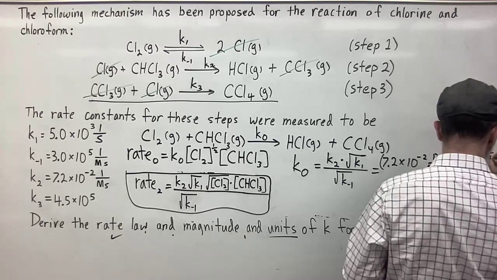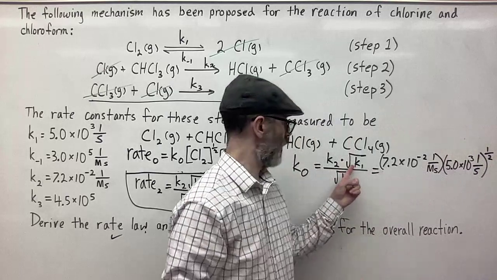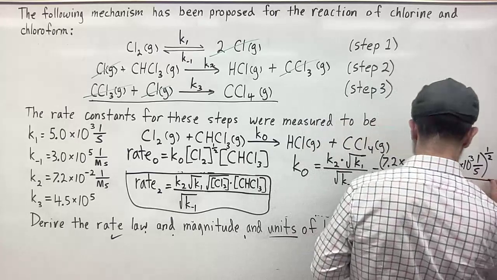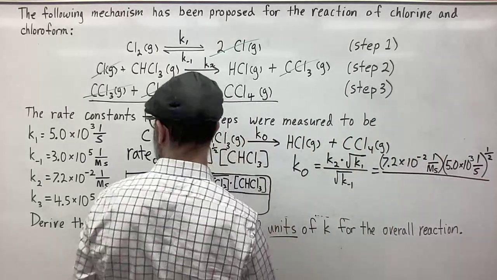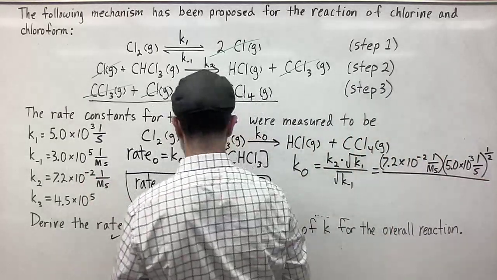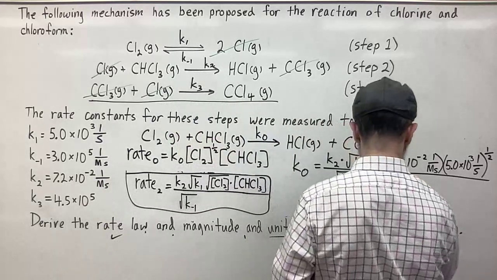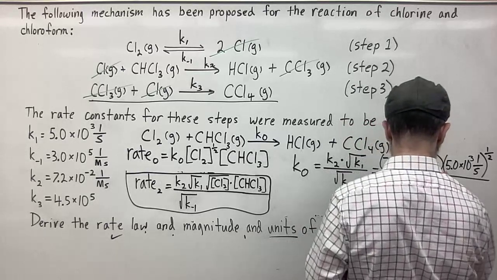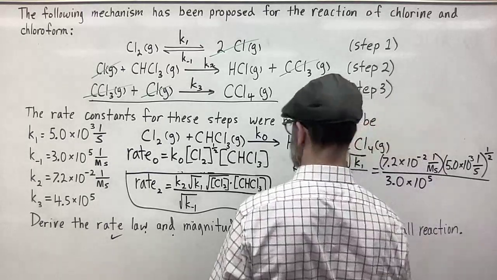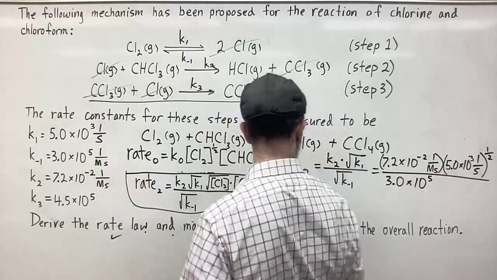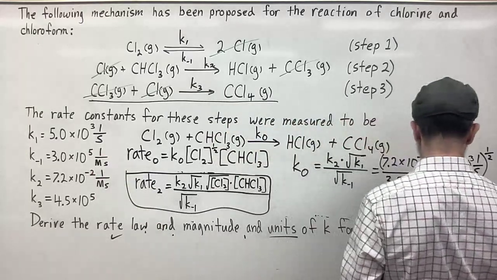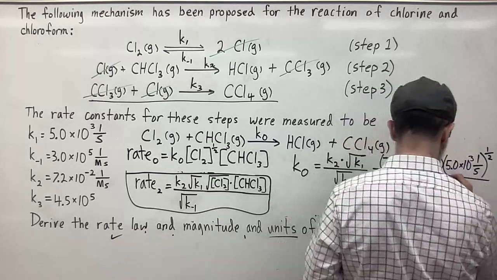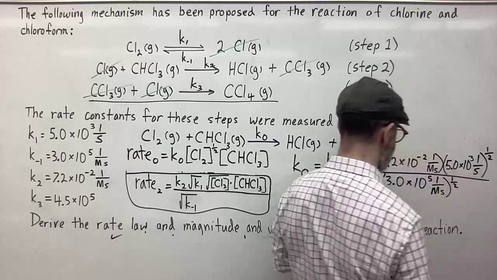That's going to be to the 1/2 power because that's the same as the square root. Then we're going to divide this by the square root of K minus 1. K minus 1 is 3.0 times 10 to the 5th, and again, that's 1 over molar seconds, to the 1/2.